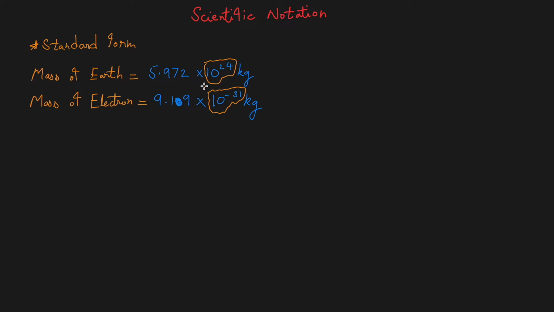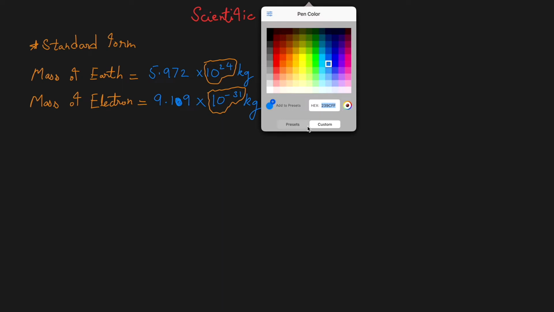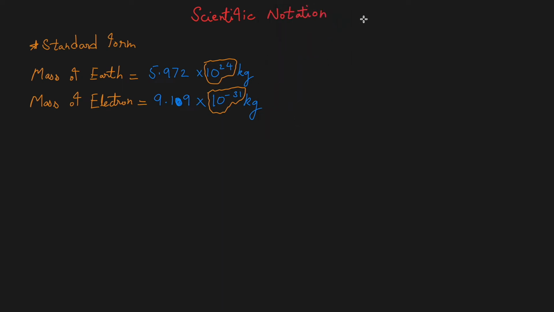Rule number one: the first digit that we write on the left side, since we write the notation from left to right, should be a non-zero digit.